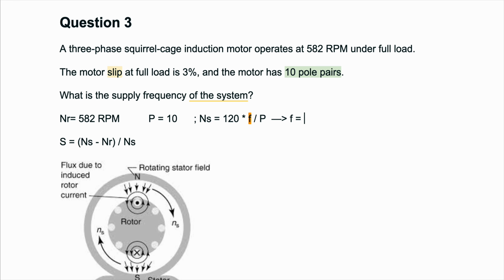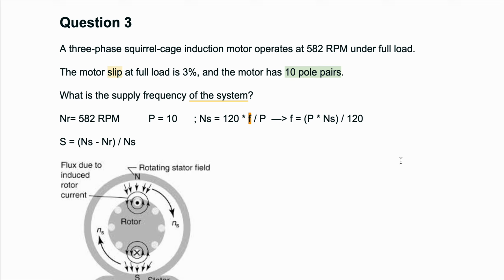So f equals, if we put the p on this side of the equation, it goes on the top. F is equal to p multiplied by ns, and if this 120 goes to this side of the equation, it goes under the division, so it's like this, divided by 120, and let me put it in brackets like this.